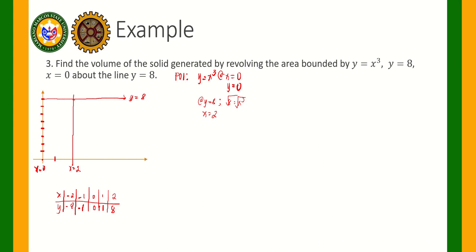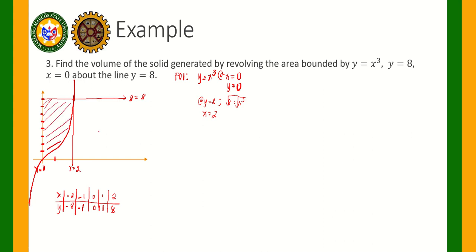And this is our 8. So, ito yung intersection niya and as well as with this one. Our graph looks like this. Ayan. So, pataas lang siya ng pataas habang tumataas din yung value ng x natin. So, this is our region.